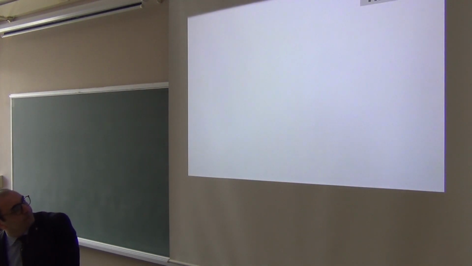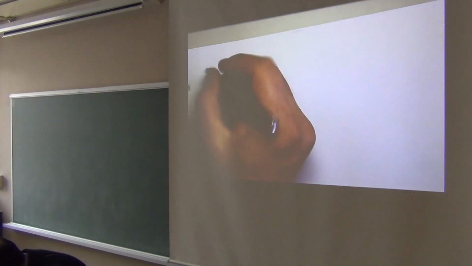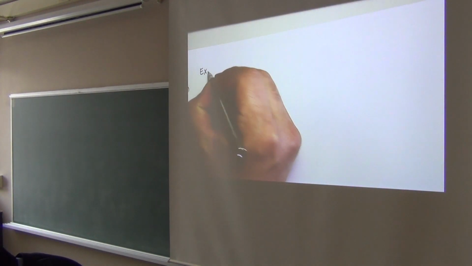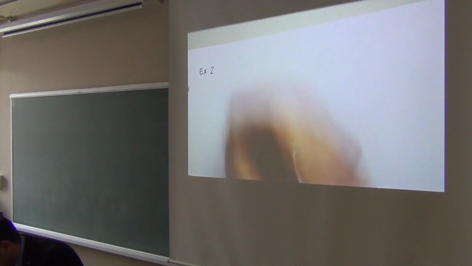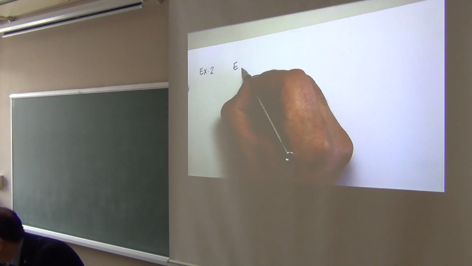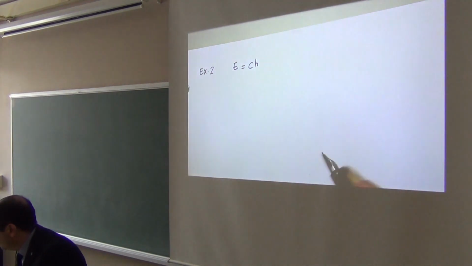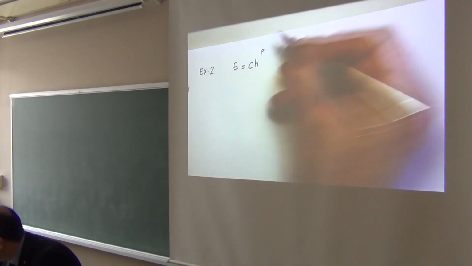And we can basically show that. Example 2. By definition, error can be defined using order of convergence.